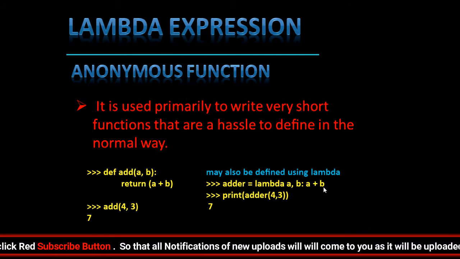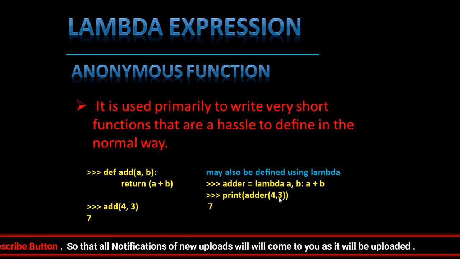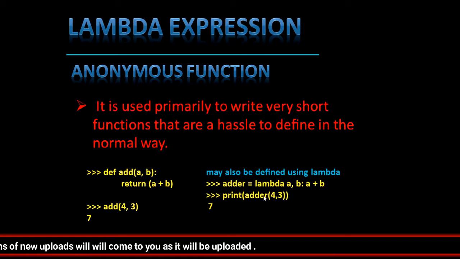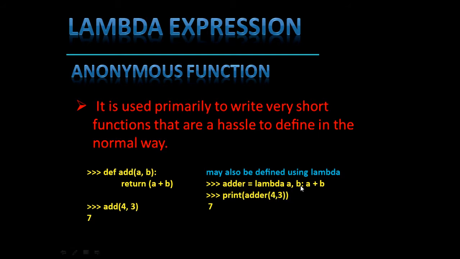That means when we pass 4 and 3 to adder, you can imagine adder is a function here, 4 will go to a and 3 will go to b. Now it will return 4 plus 3, that is 7. So when we print adder with 4 and 3, it will return 7.